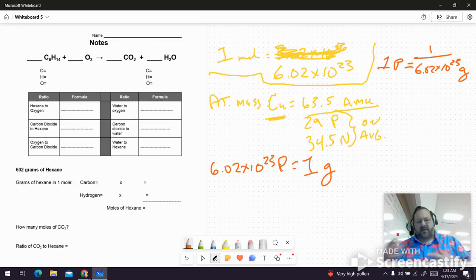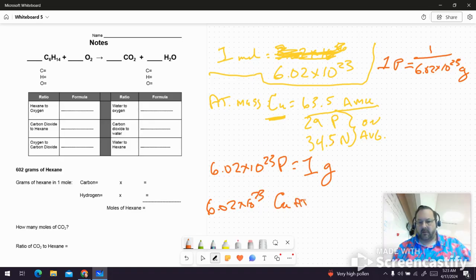So this still seems kind of weird, right? What does this really mean? So that many protons is equal to 1 gram, which means, think about this, if I had 6.02 times 10 to the 23rd copper atoms, what would that weigh?